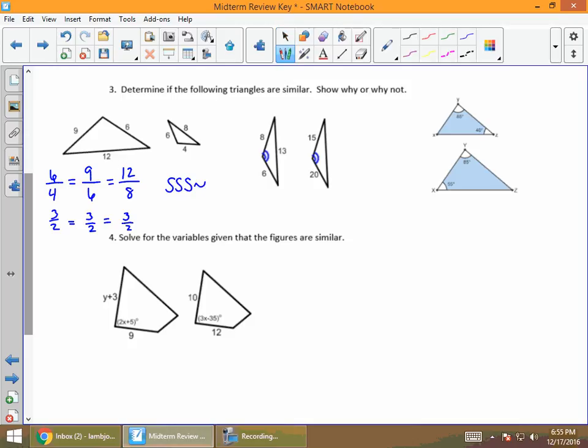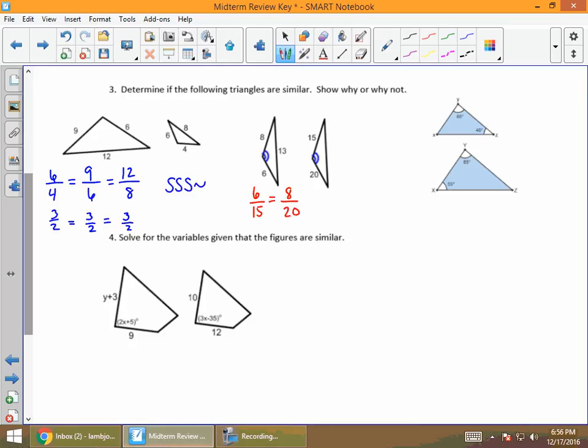The middle has a congruent angle, so I just need to check the 2 sides that surround the angle for proportionality. So my triangle on the left, small to large, again, is 6 to 8. And my triangle on the right, small to large, is 15 to 20.